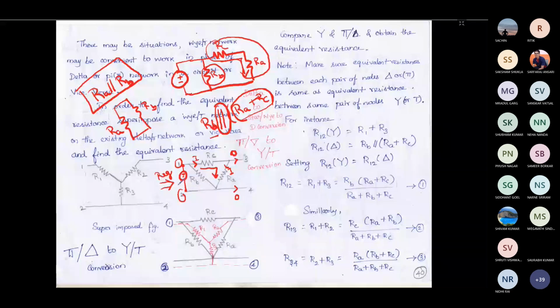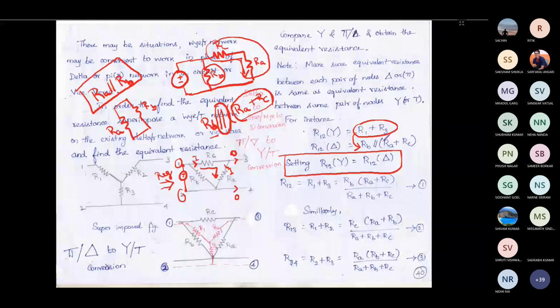For that, I am comparing these two, because the equivalent resistance on star and the equivalent resistance on delta for this particular terminal should be the same. So here I am equating these two things. I have found this and I have found this, and then I am equating them.